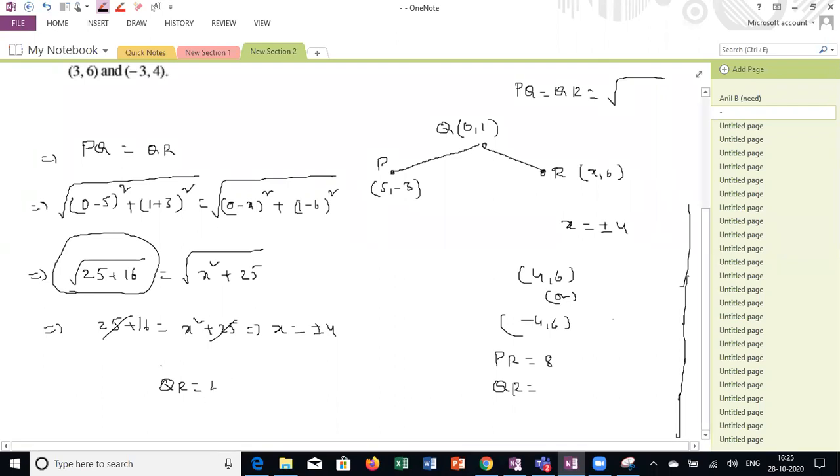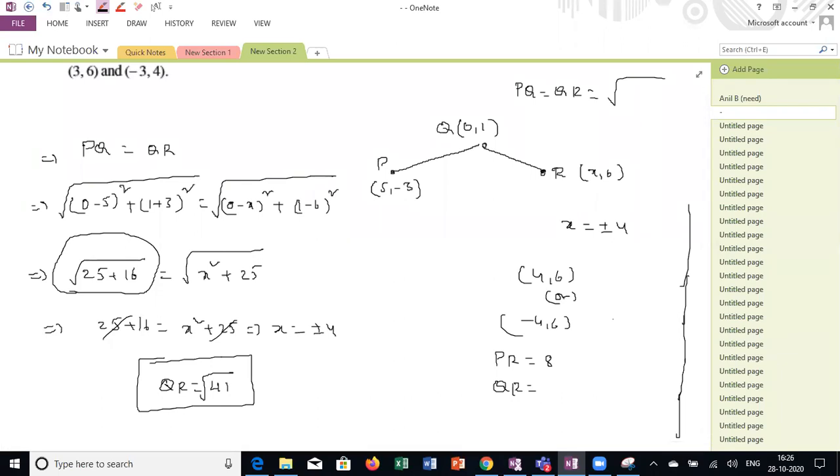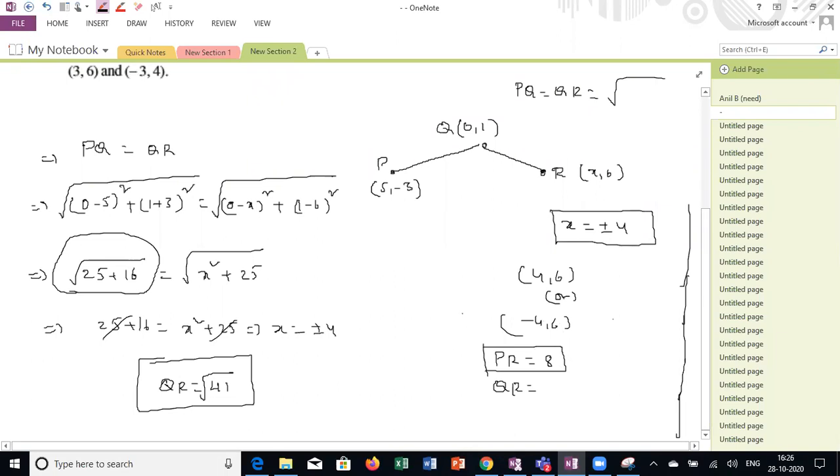Yes, sir. Everyone got the same answer? Root 82. X is equal to plus or minus root 82.